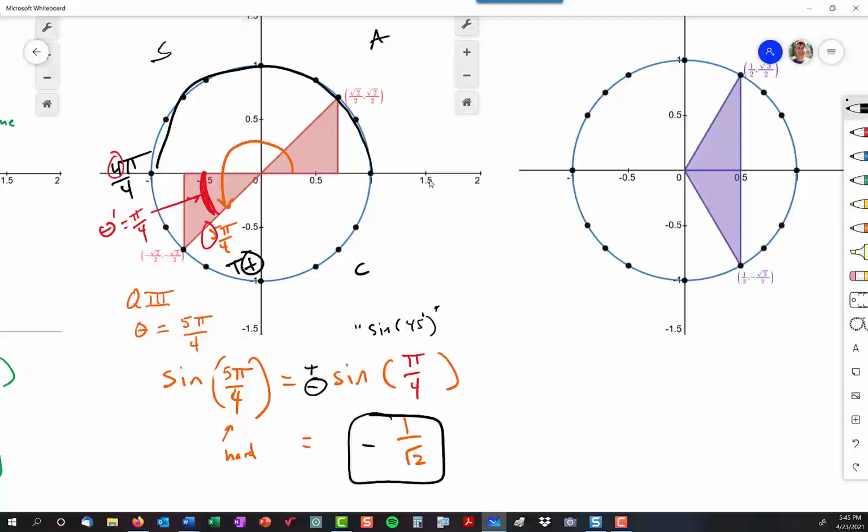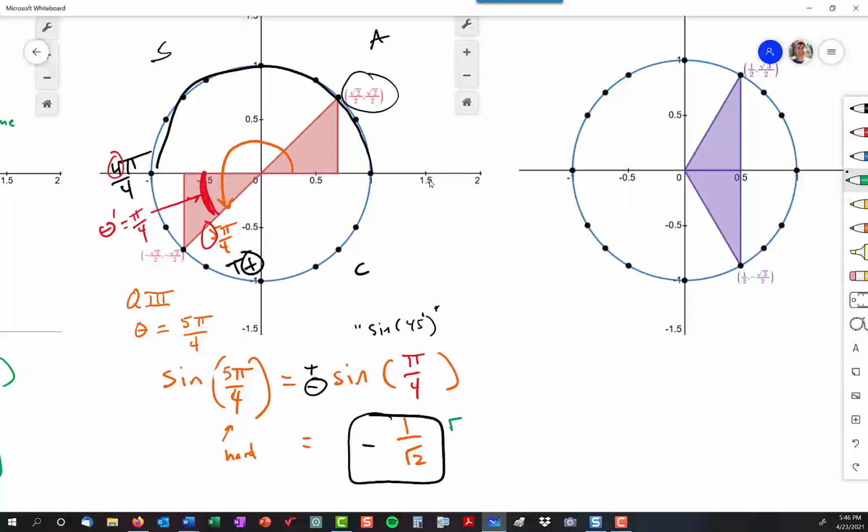Now, just as a quick side note here, you can see the unit circle, they used square root of 2 over 2. And for students in my class, if you use 1 over square root of 2, that's fine, memorize that. But if you memorize square root of 2 over 2 as the sine of 45 or sine of pi fourths, that's fine as well, because these are equivalent.